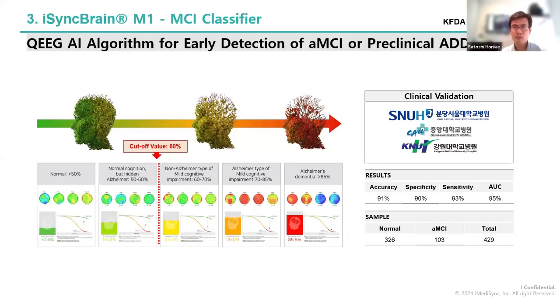Usually the normal degeneration is the slowing down of the alpha peak frequency, and the frontotemporal alpha increase, sometimes theta increase. That's the usual aging process. But in MCI, that kind of pattern increases more rapidly compared to the healthy normal. That is the explainable AI.